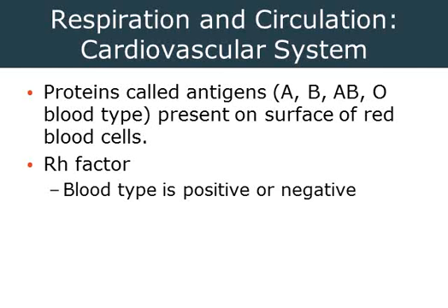So you'll hear them talk about give them a unit of O neg. Well, if they give them a unit of O negative blood, they're not going to create any reactions because there's not those antigens on the surface. Whereas if a person with type A blood was given type B, their body would react and try to destroy all that blood that's coming into it. It creates a lot of turmoil because that's the wrong type, the wrong kind.